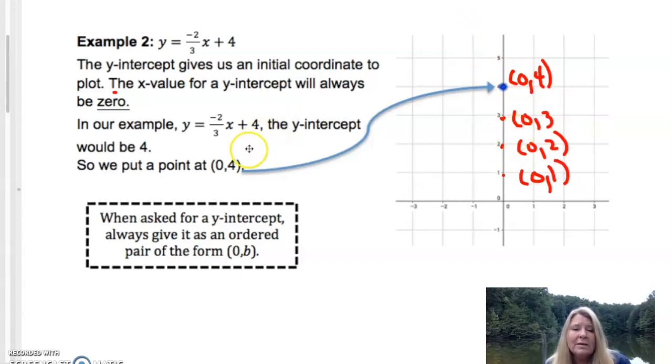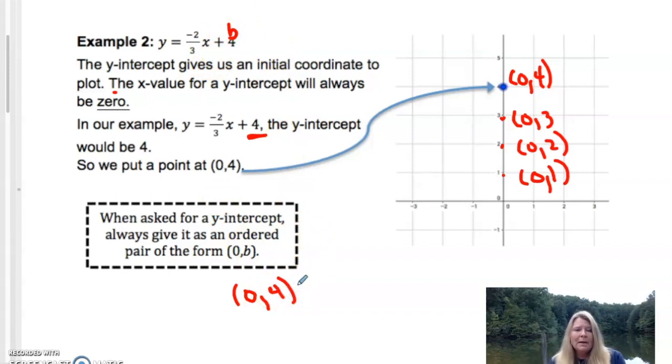So looking at this, if the 4 is the b value, then that means that it is my y-intercept, and it is the point (0, 4). So when asked for a y-intercept, always give it as an ordered pair, where the x is 0 and the y is the b value right there.